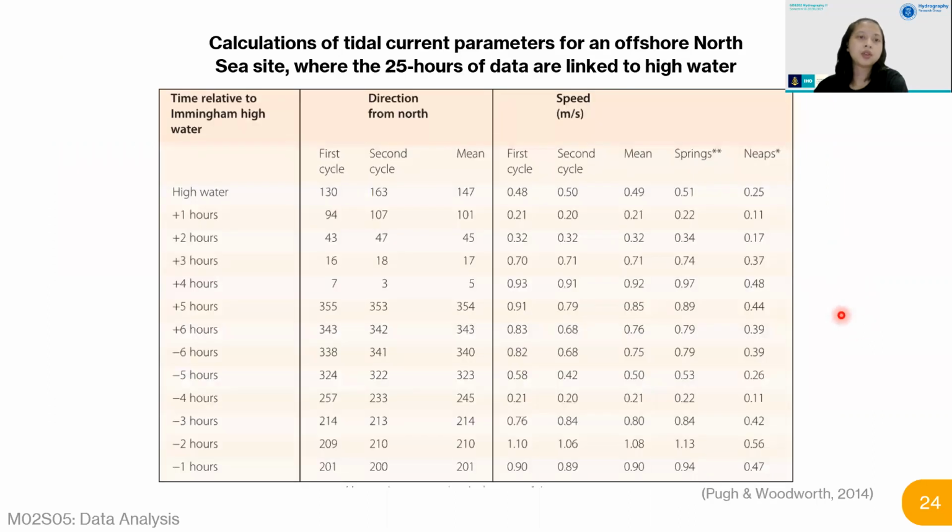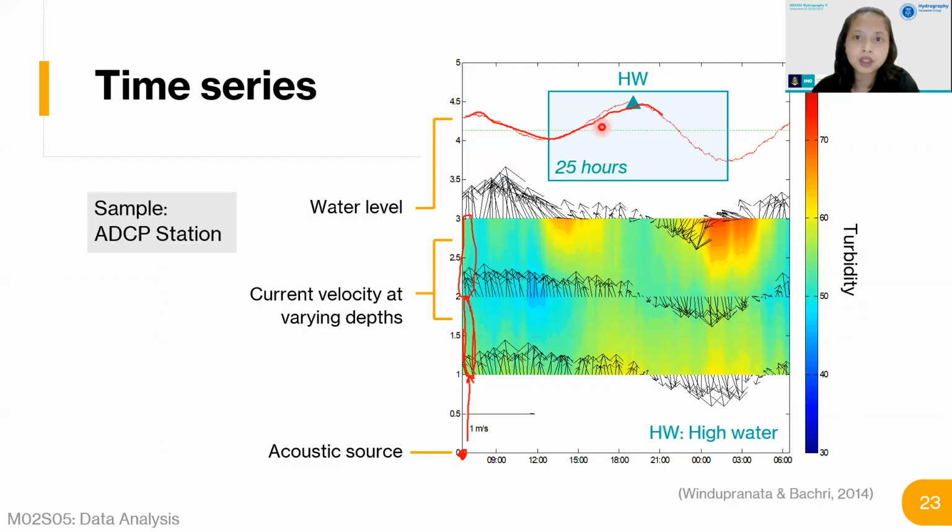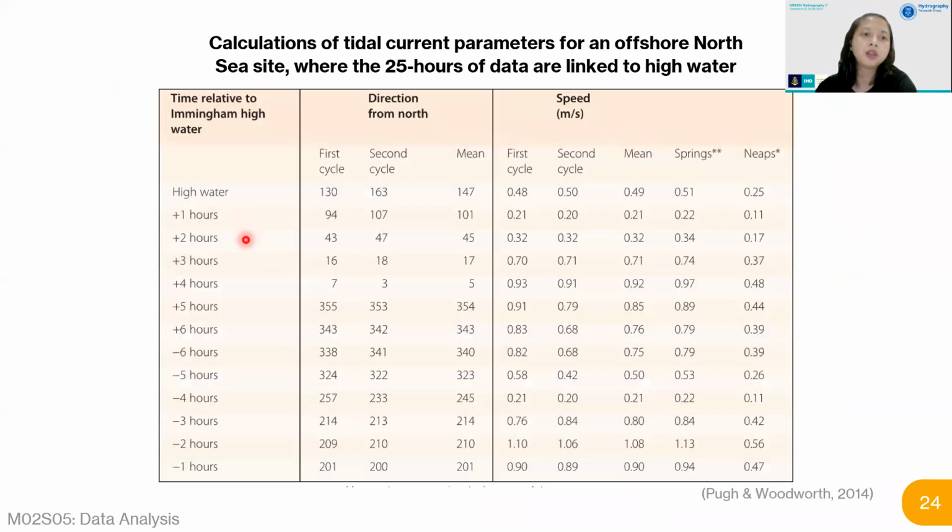So if we focus on that, you've got your high water in here, which is that one. And then you've got your +1 until +6, and then -6 until -1. So that's what we talked about in the tidal cycle. You can see that the first cycle here is around 130. 130 means around here.